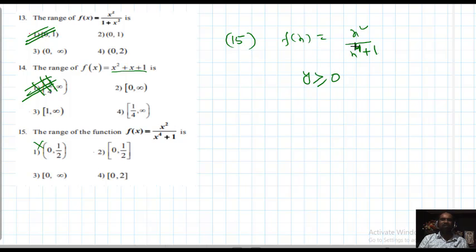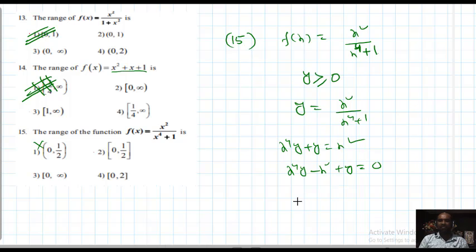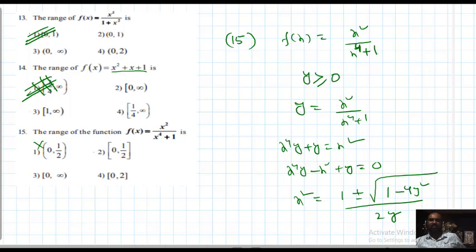Now what you got, y greater than or equal to 0. Now I want to find the minimum value of f of x or y. y equal to x square by x square plus 1. So x power 4 y plus y equal to x square, or y x power 4 minus x square plus y equal to 0. The quadratic in x square I can directly solve: x square equals 1 plus or minus root of 1 minus 4y square, over 2y.